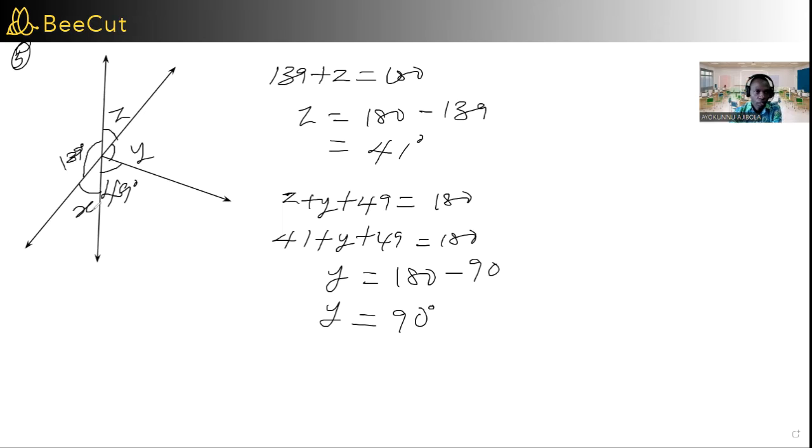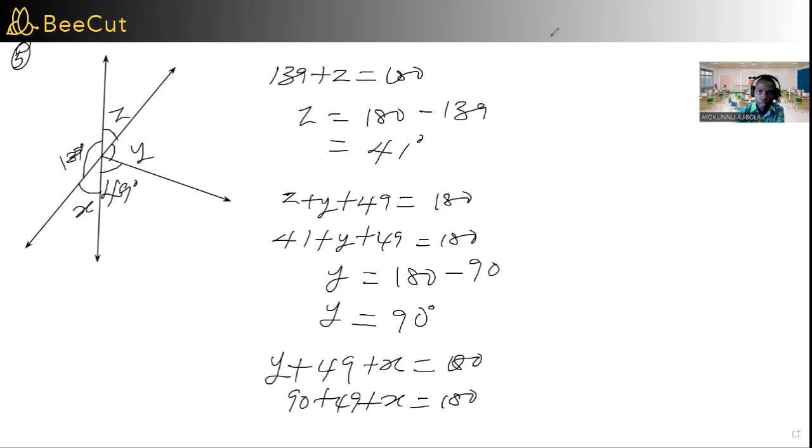Then we're going to look at the last letter that we're looking for. To find this X, we're going to consider Y, 49 and X, also on a straight line. So you have Y plus 49 plus X equals 180. Then I have Y to be 90, so 90 plus 49 plus X equals 180.